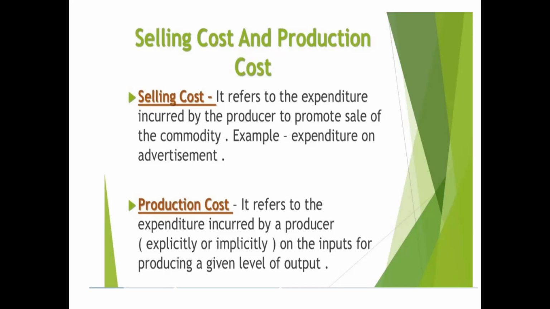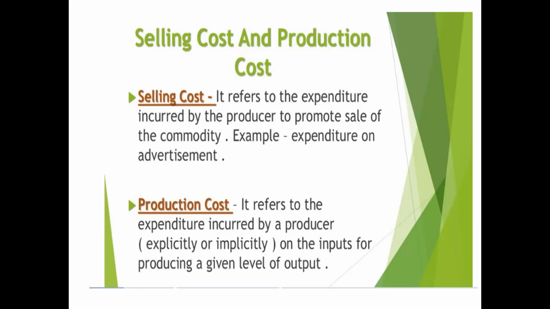There may be different propagandas, sales agents, sales commissions, advertisements. So likewise, to promote that particular good, selling promotions, right? These are the costs that we are incurring, that we identified as the selling cost.